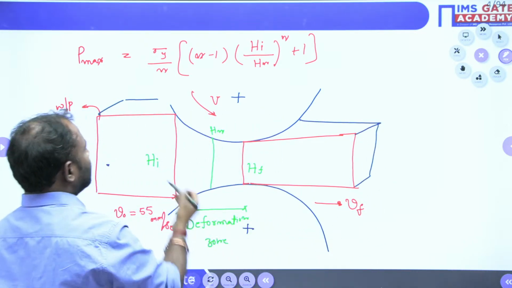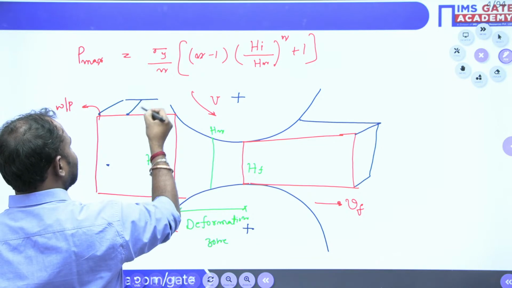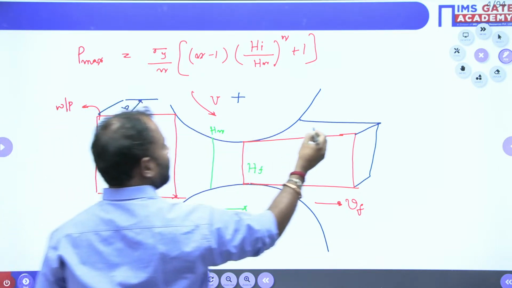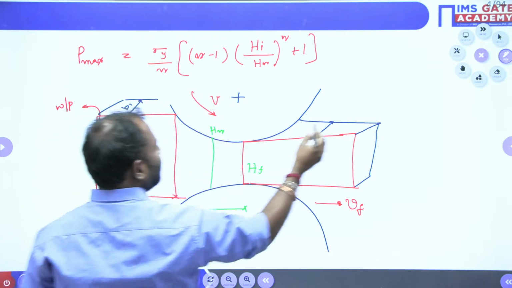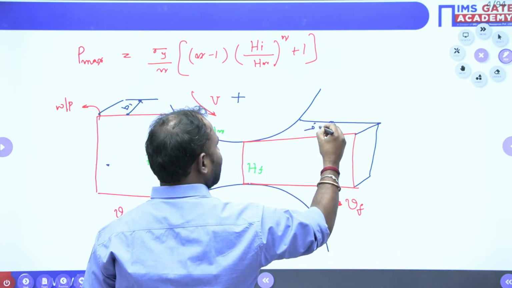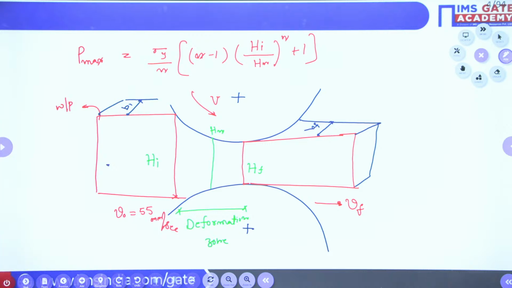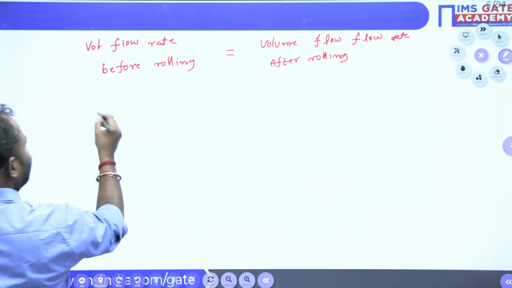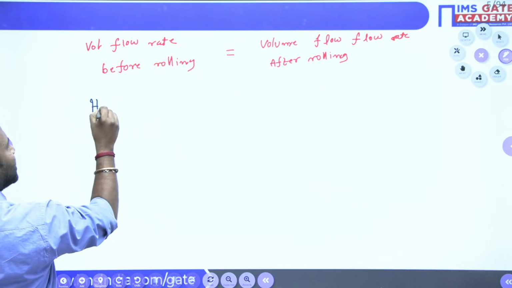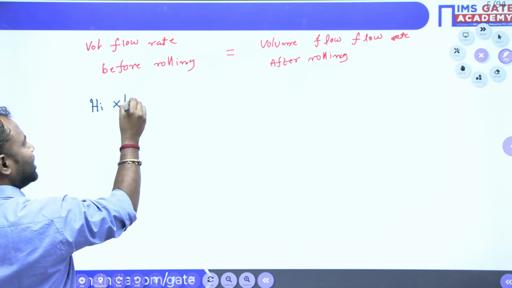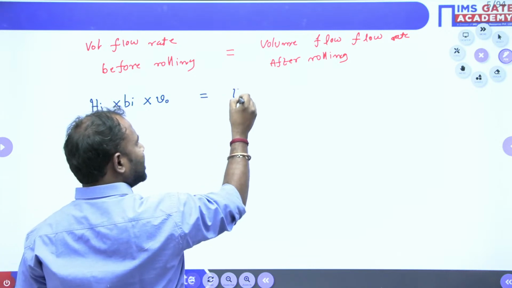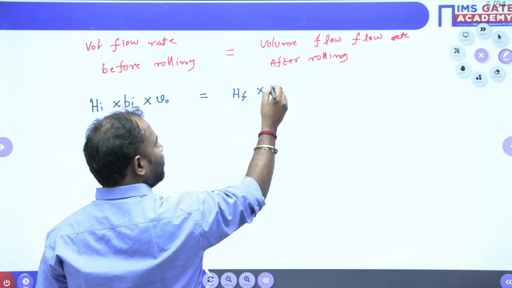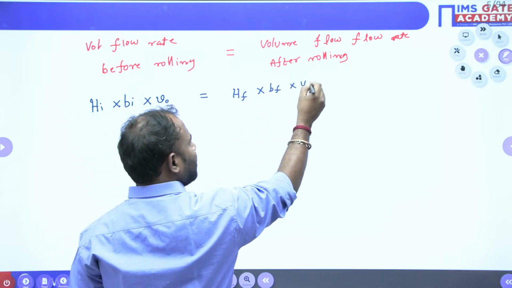This will be your width B, initial width B initial and final width Bf. So the volume flow rate: H initial into B initial into V naught is equal to H final into B final into V final.